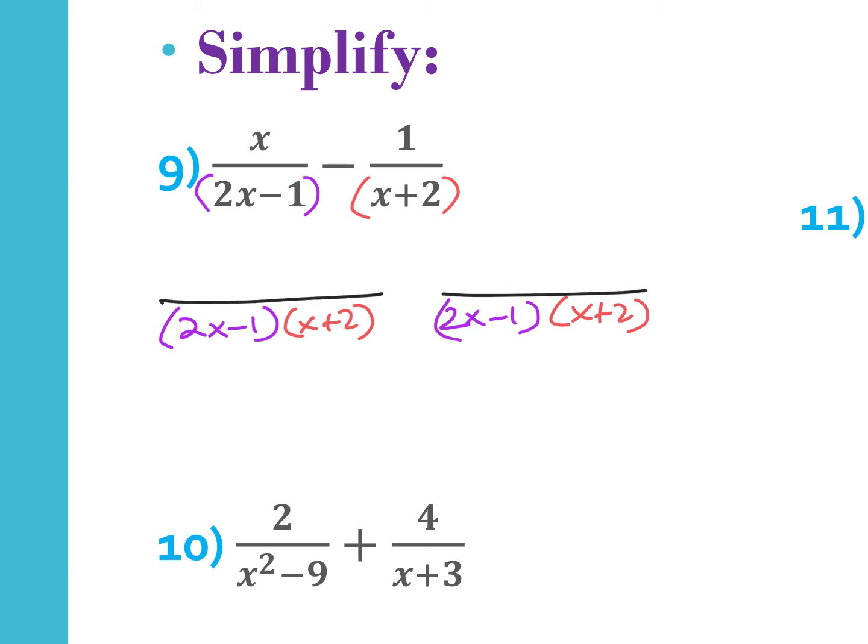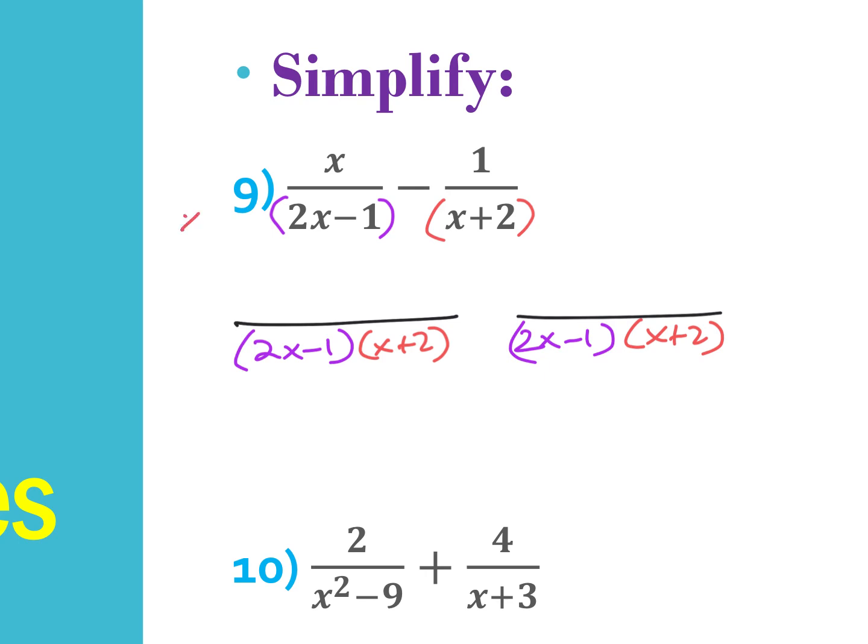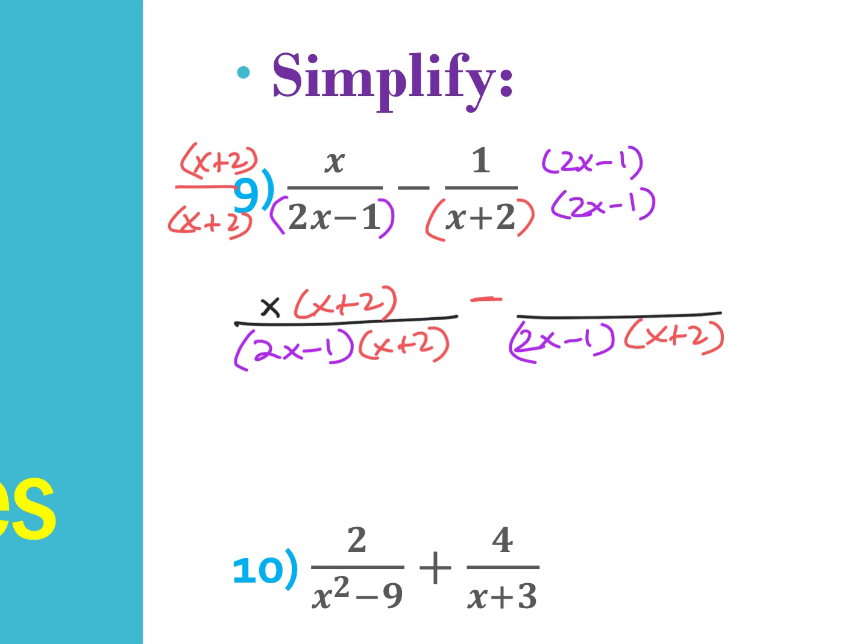So the first fraction is missing the x plus 2. Whatever you're going to multiply to get the LCD, you also have to do to the numerator. So this becomes x times x plus 2. And then the second one is missing the 2x minus 1. So then 1 times anything is just itself.